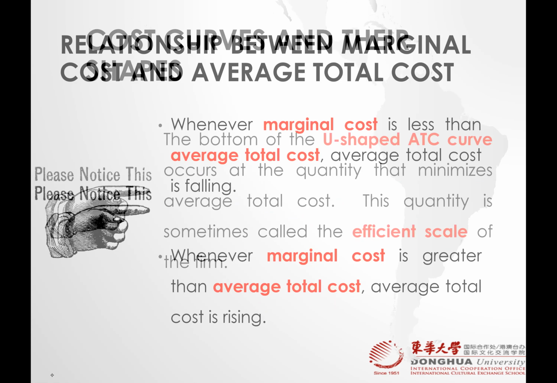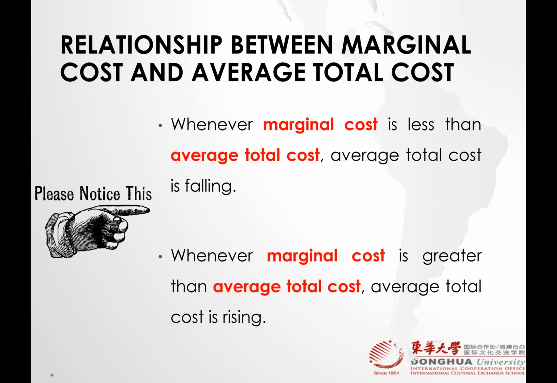And now let's talk about the managerial decision. We just talked about that. So if you are a manager or if you own your own firm, this really helps you. So whenever marginal cost is less than the every total cost, the average total cost is falling.